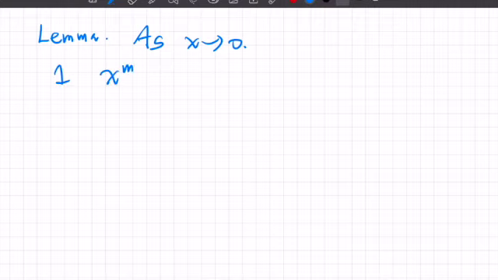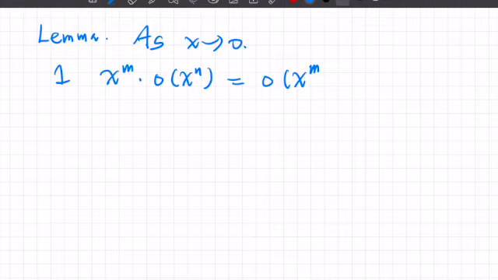Next, let us see some of the basic properties of little o notation, and that is summarized as a lemma. As x approaches 0, we have the following. First, x to the power of m times little o(x^n) is equal to little o(x^(m+n)).